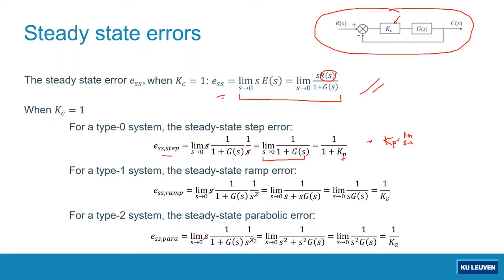Please bear with me, I'm writing it with my mouse. Right? So again, if I have a type 0 system, the steady state error if a step input is given to the system will be equal to 1 over 1 plus Kp, where Kp is equal to this one.